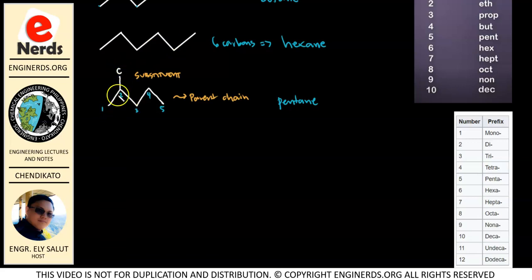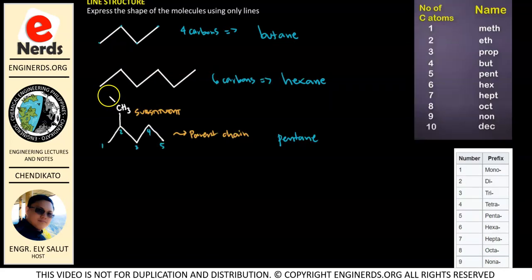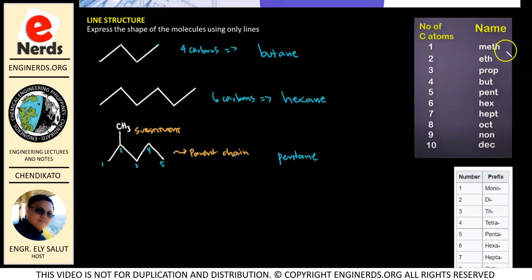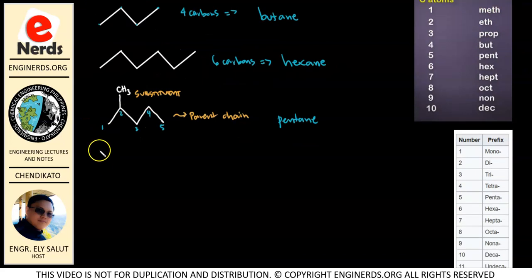And we know that carbon have 4 bonds. So, we have 1 bond already here. So, we have another 3 hydrogen there. So, we know that this is we have a methyl group here, no? Because if we have 1 carbon, we will be using this prefix met. Okay, so we have 1 methyl in our parent chain.